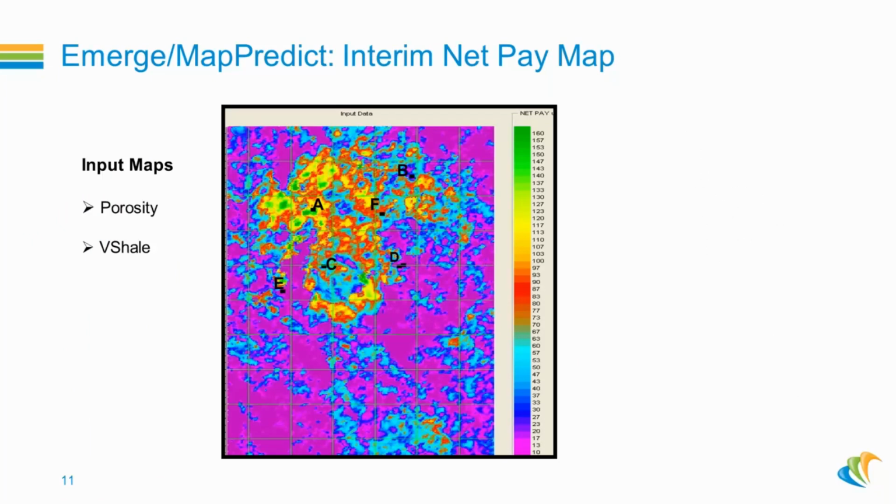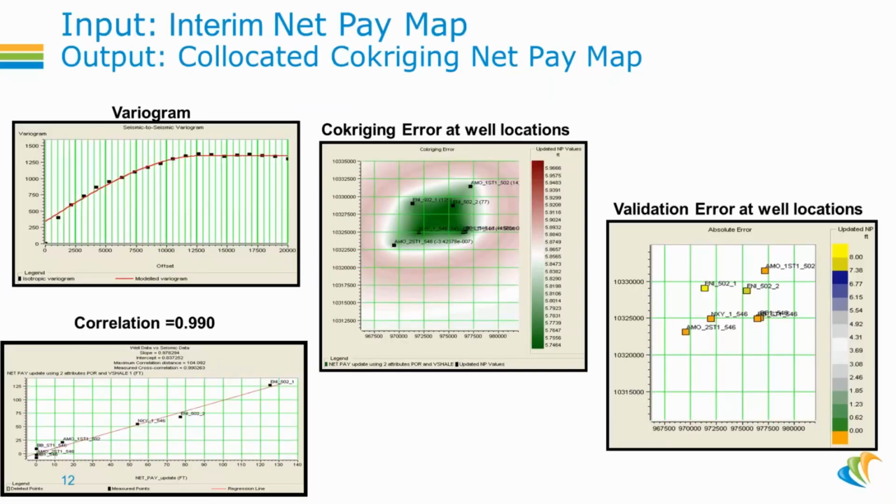So I derived this intermediate map of net pay using the MapPredict multilinear regression approach. And then I want to improve upon this map.